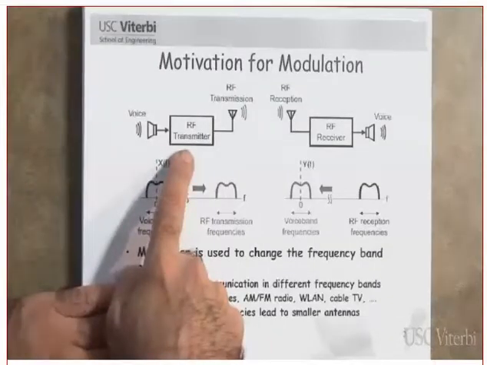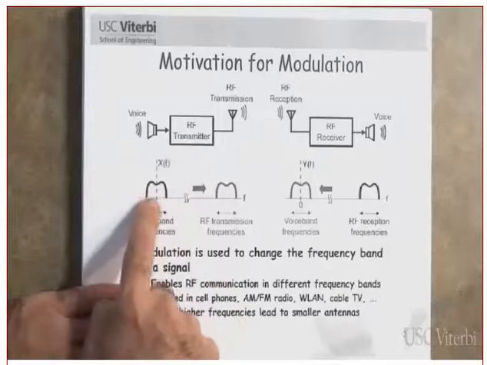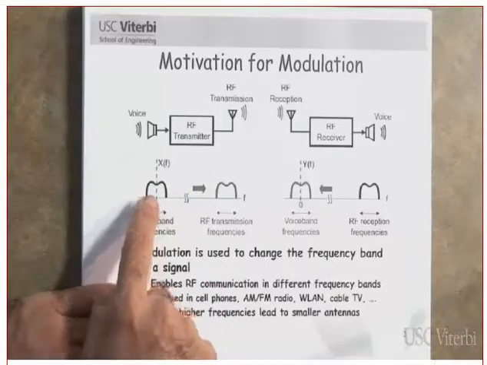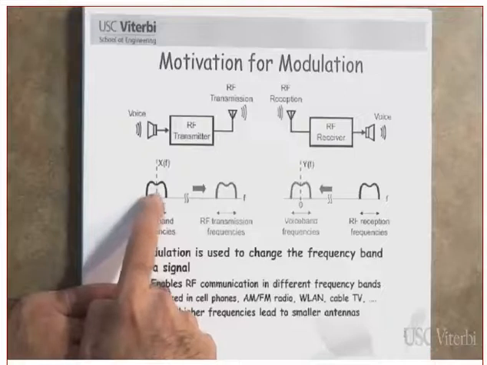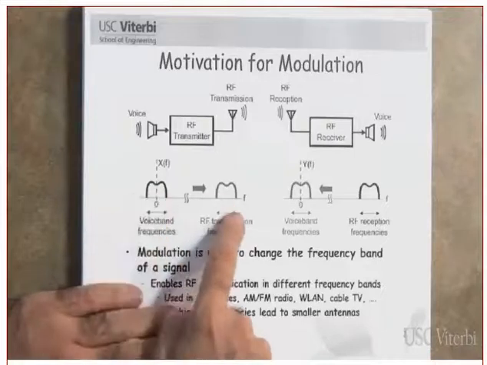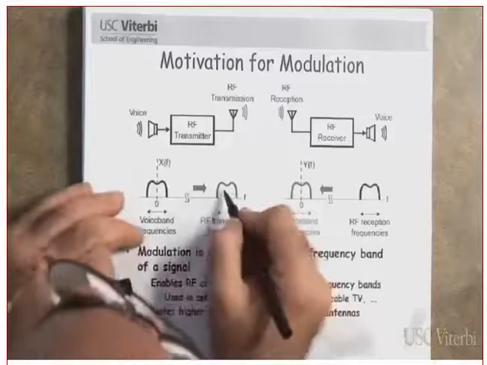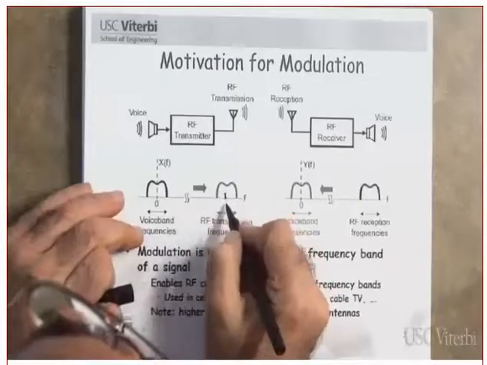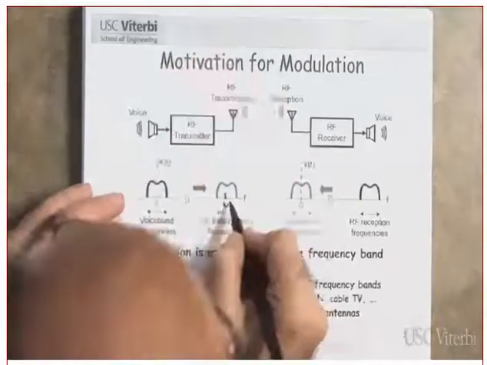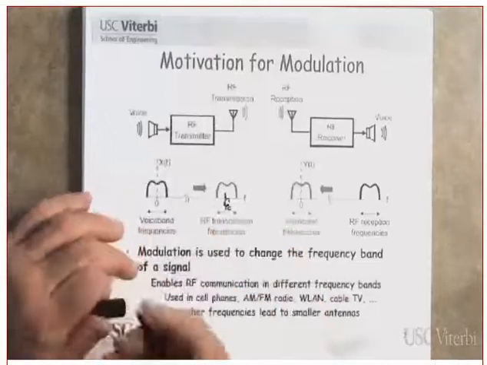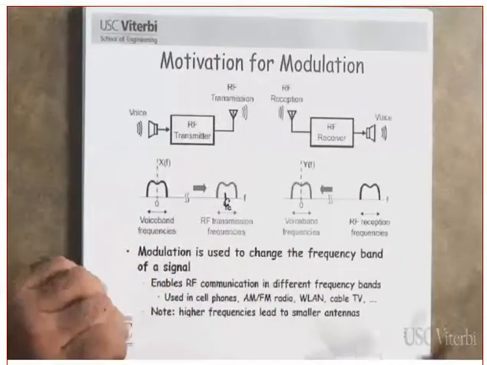Generically, I call it RF transmitter. The RF transmitter will translate the spectrum from baseband to RF. So this one is centered around what? Centered around omega, sorry, F sub C, or F sub O. Clear so far? Yes or no?